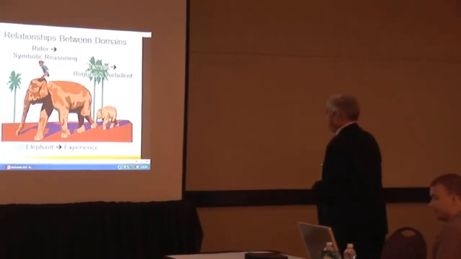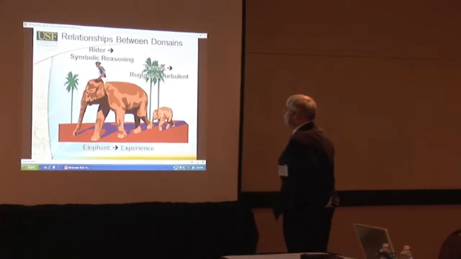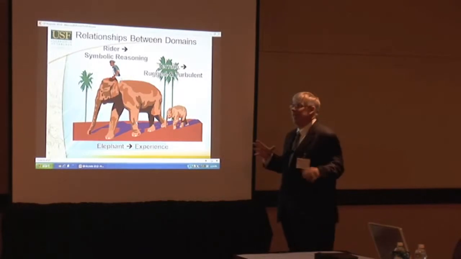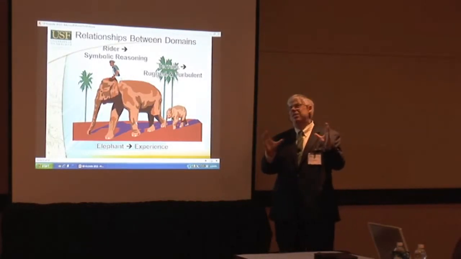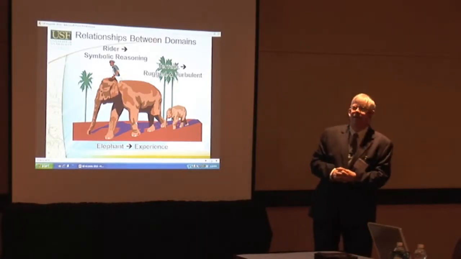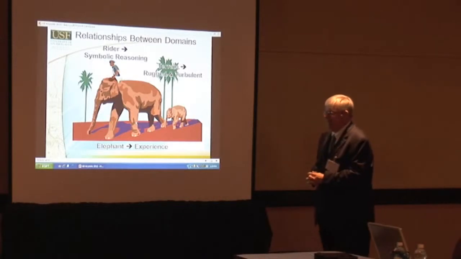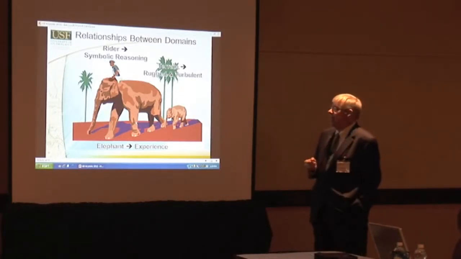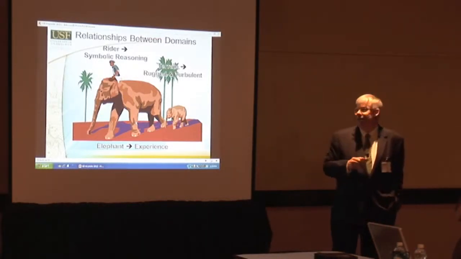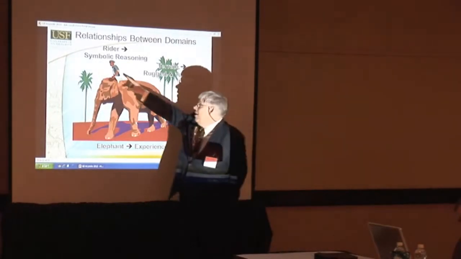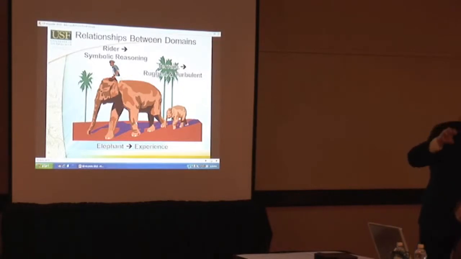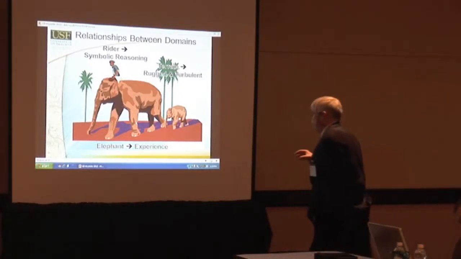Okay, so if we take a look at the relationship between these various domains, what you realize is the domains can't really be separated. You cannot look at a problem without dealing with all three domains. An analogy I picked out from Jonathan Haidt's The Happiness Hypothesis is that of the rider and the elephant, and to that I've added the terrain. Think of the rider as the rational, symbolic view of complexity, the rule-based strategy.